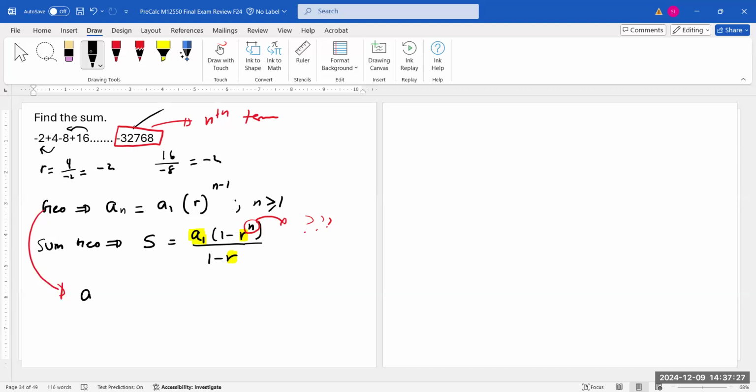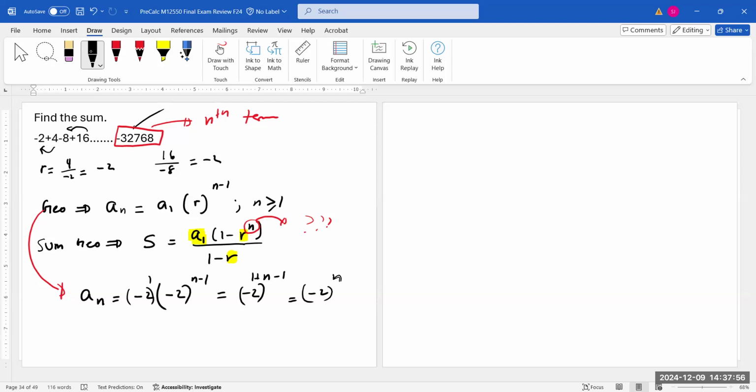So a_n is the first term, -2, times our common ratio, -2, to the n-1. This -2 has a 1, so in other words, it's basically -2 to the n. Well, I did it using the formula, but you don't have to if you can already see the pattern.